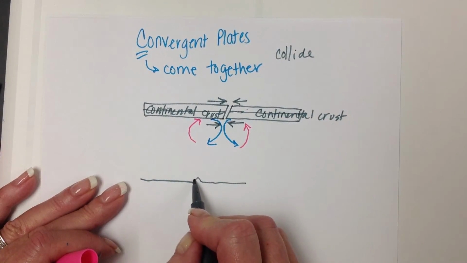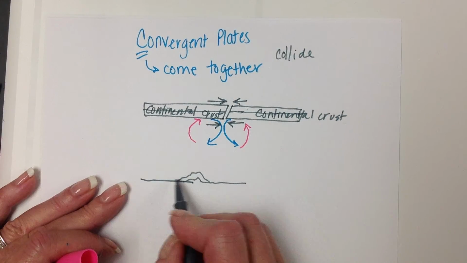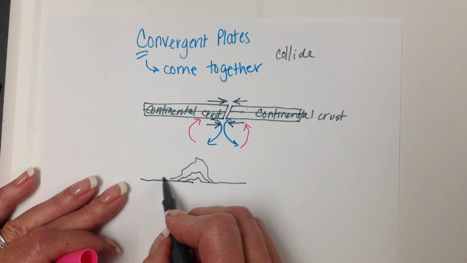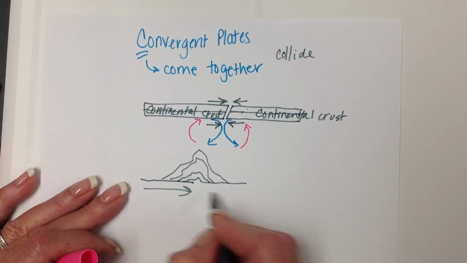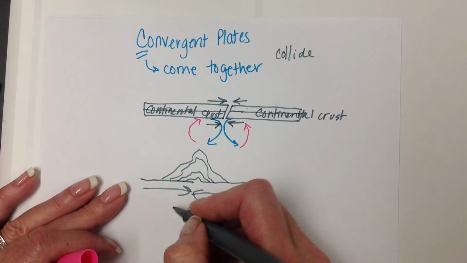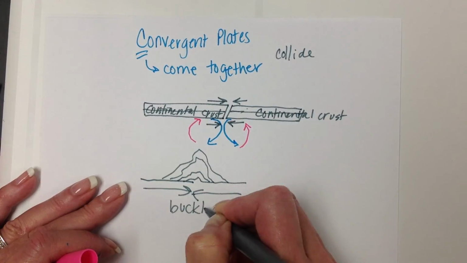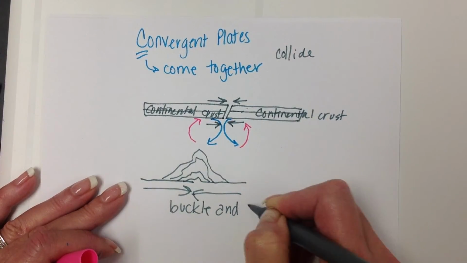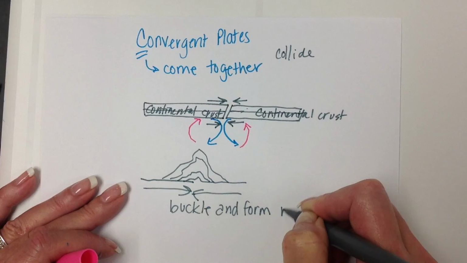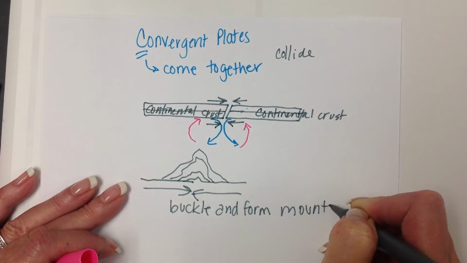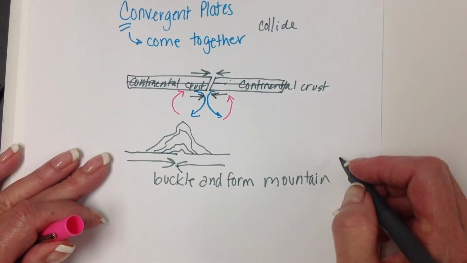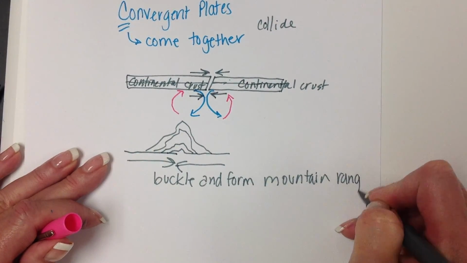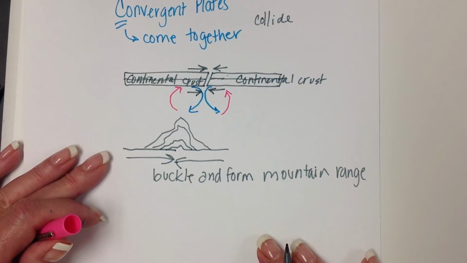So as they come together, things start to buckle in the middle, and what you see forming are mountain ranges. Well, our example of that is a mountain range that is still forming to this day.